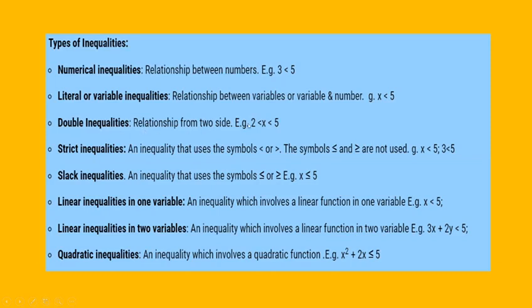Double inequalities mean a relation on two sides of a variable, that is 2 < x < 5. Strict inequalities are those where equal to is not used, between a variable and a number. Slack inequalities are those where equal to is there, between a variable and a number.